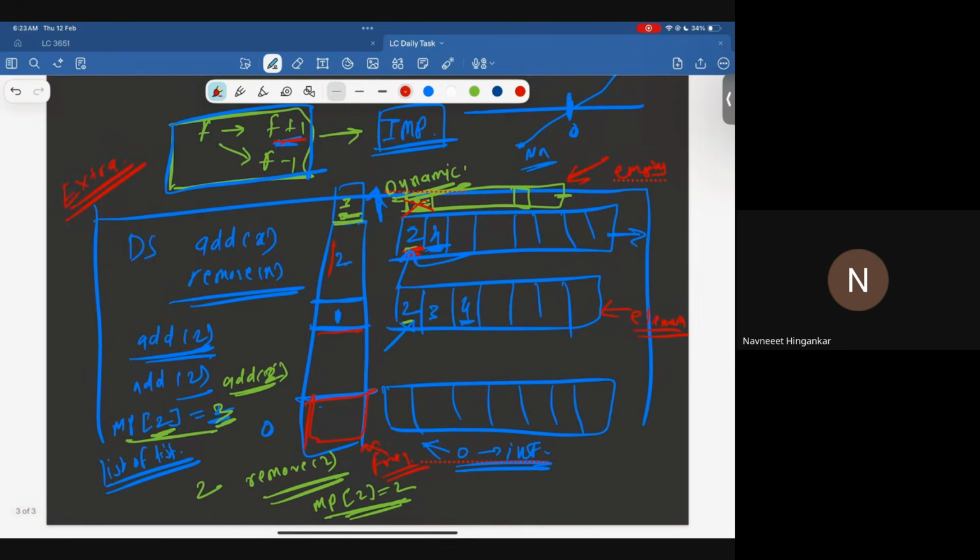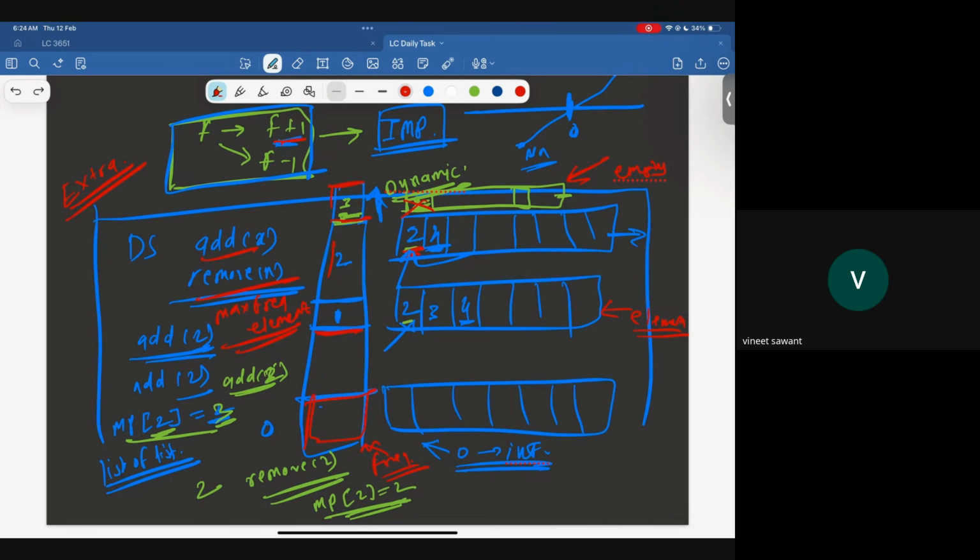The task is basically you can add, remove, find maximum frequency element or minimum frequency element. Minimum frequency element is obviously one, maximum is the pointer you maintain, at the back of this list, the dynamic list.